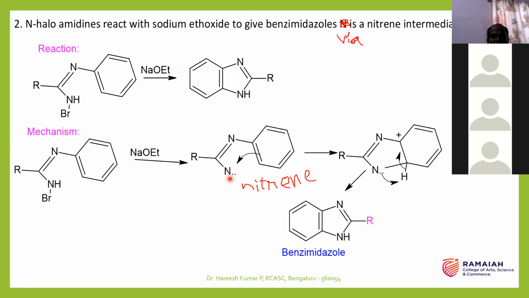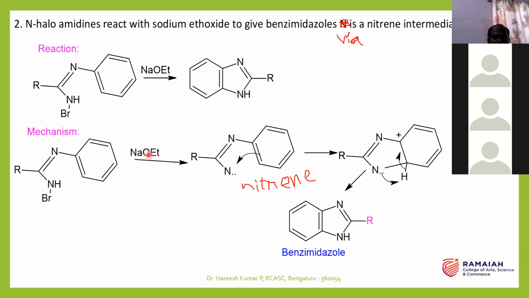This nitrogen with 2 electrons in addition to the lone pair is called nitrene. Nitrene is a highly reactive intermediate. Via nitrene, the product is formed. So what is the product? The product is a 2-substituted benzimidazole.